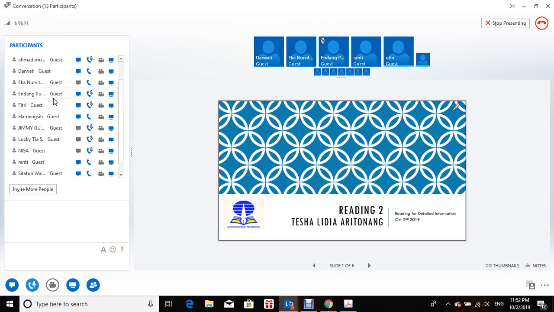We look for vocabulary that leads us to detailed information, and we also look for the signs, the reading markers. Other than that, we also learned today about some connectors, which are so, and, but, and because. So far, do you understand what we are learning today?